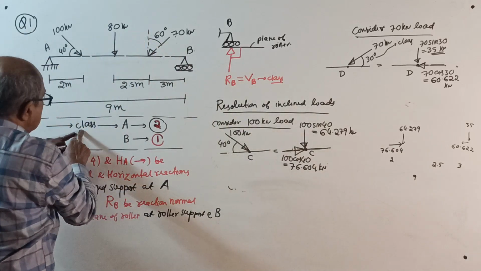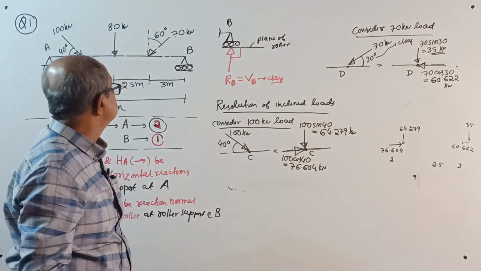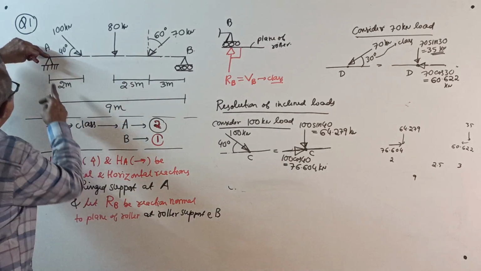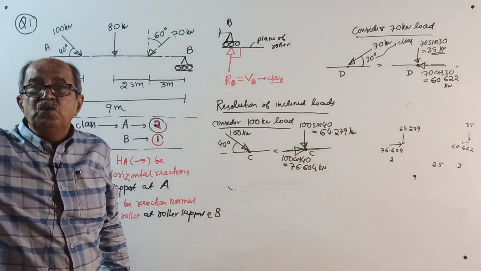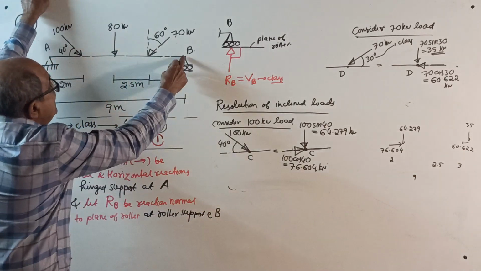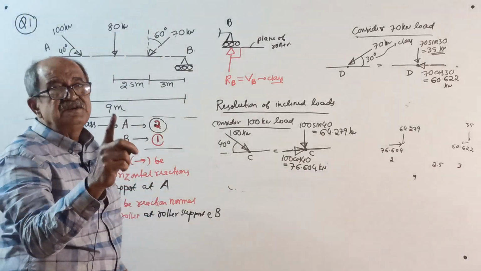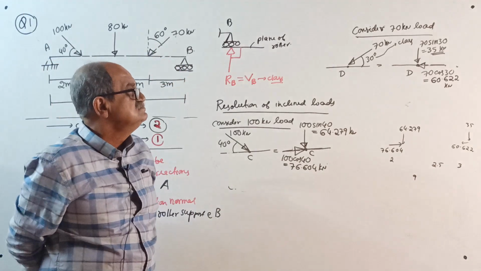Now class, write what I dictate. A is a hinged support. There will be two reactions, horizontal and vertical. B is a roller support, just one reaction perpendicular to the plane of the roller.